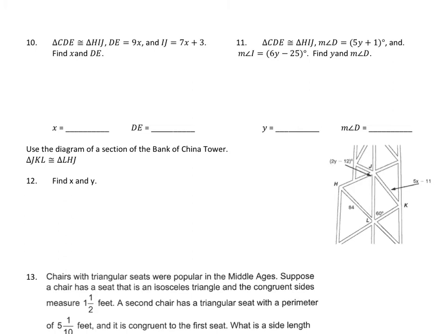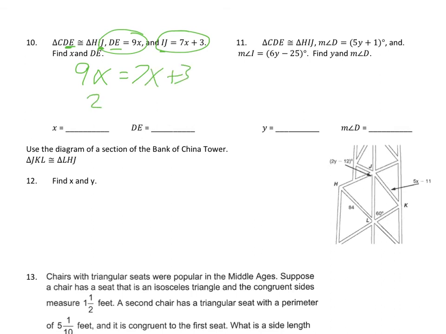Okay, number 10. They don't give you a picture, but notice that they give you DE and IJ. Notice that DE is the last two letters in the triangle, and IJ are also the last two letters. That means these two segments are congruent to each other. So we would say 9x equals 7x plus 3.